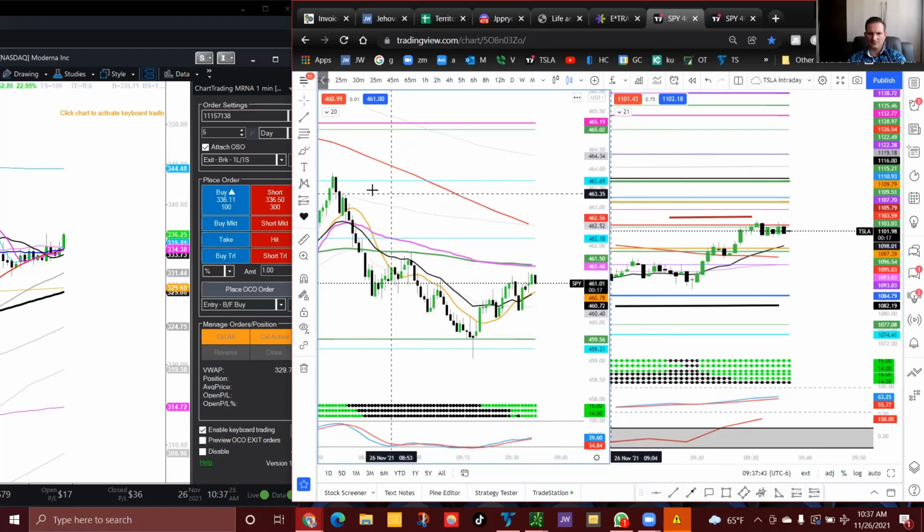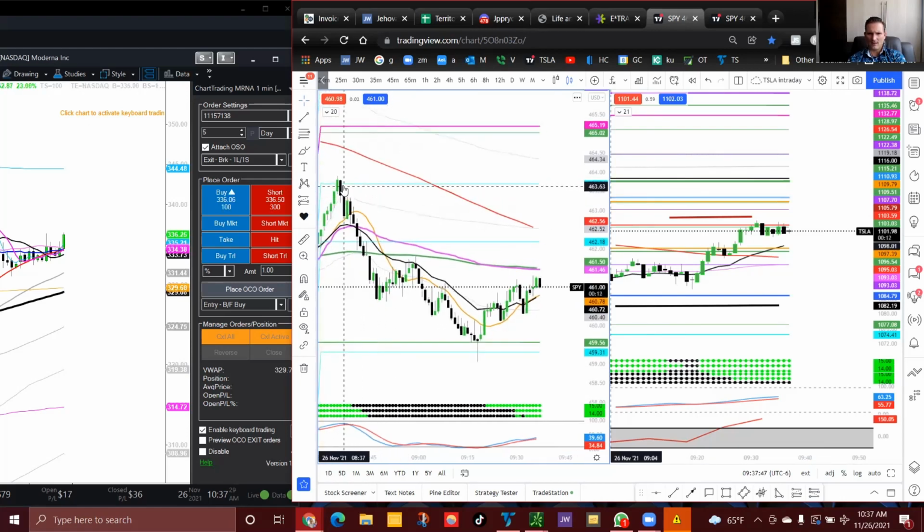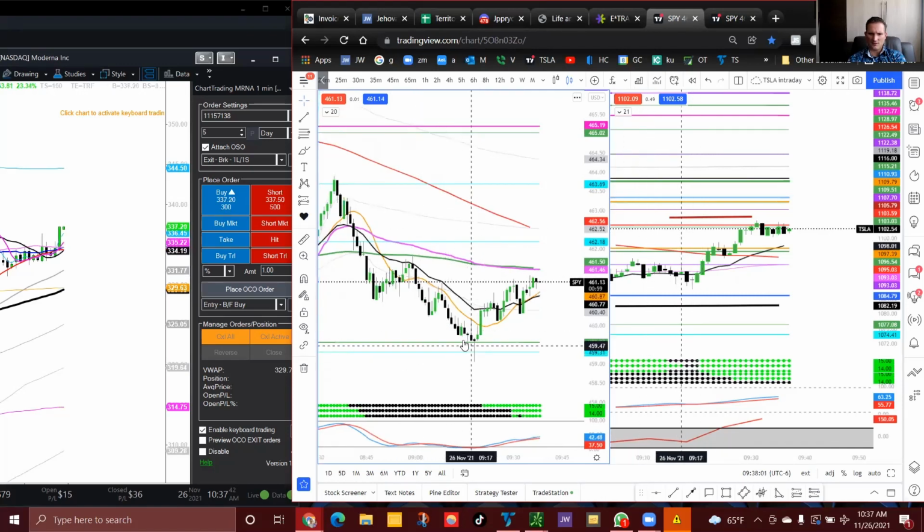SPY pushed up, rejected right at our 363.69 algo right here, proceeded to dump all the way down, and we got our bounce here.